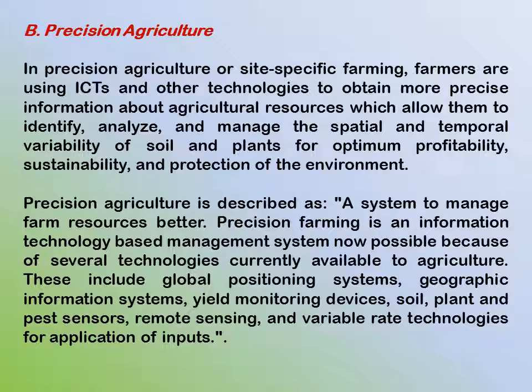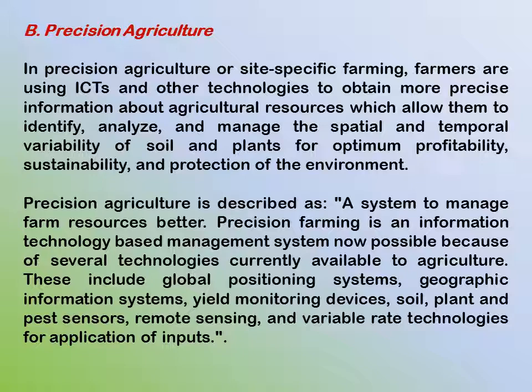Because farmers don't know how much fertilizer to use or how much to irrigate the soil. In this case, precision agriculture will tell you that only this much water is required, this much pesticide, this much fertilizer. That is precise. Precision agriculture means precise: how we are going to do the crop production in a precise way.